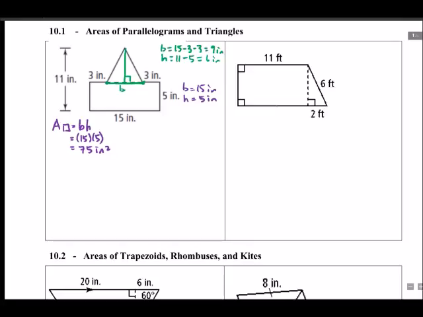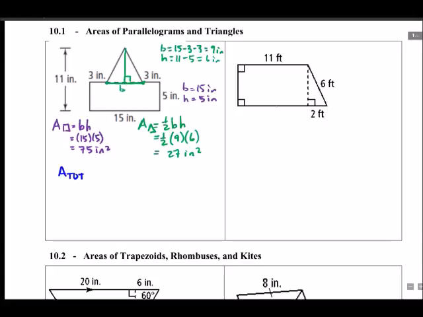So we can find the area of our triangle. We know that's 1/2 base times height, so 1/2 times 9 times 6, and that is going to be 27 inches squared. And then we find our total area.